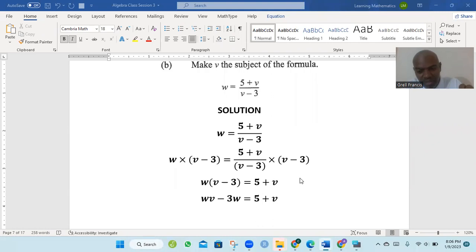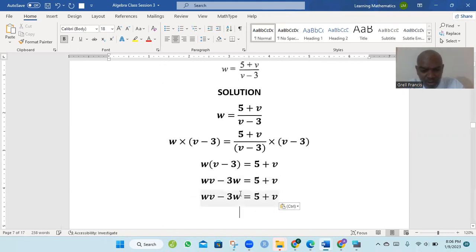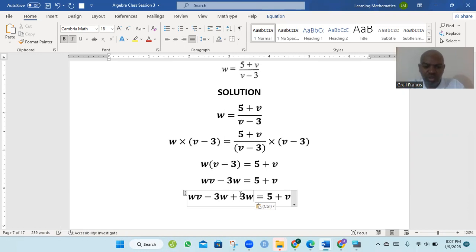Now remember, we're trying to make V the subject, but we have a negative 3W here. So let us cancel out negative 3W by doing the opposite, by adding 3W. So we're going to cancel out that negative 3W by adding 3W, doing the opposite.